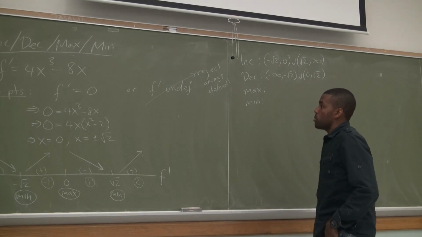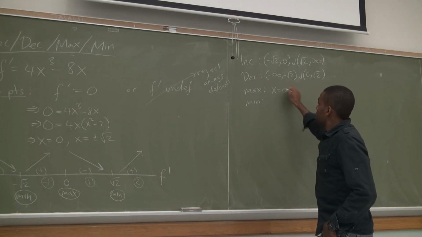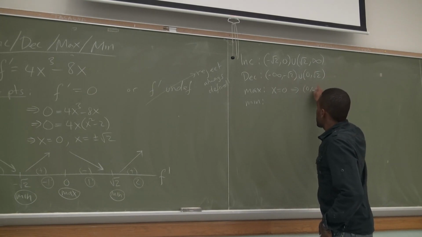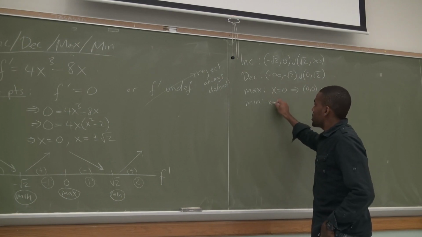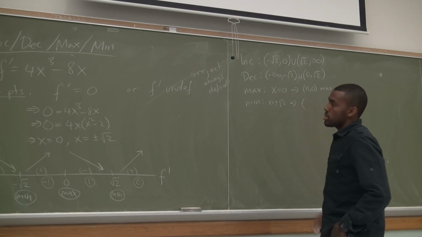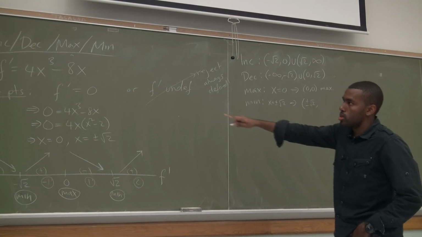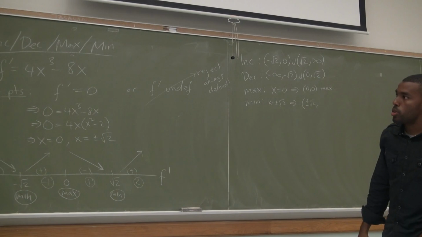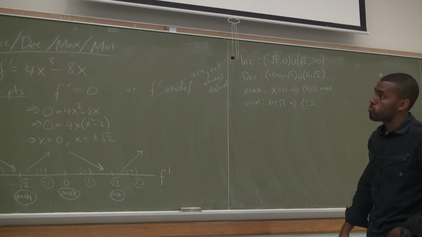So what is my maximum point? X equals 0. This means 0, 0 is a maximum. Here's x equals plus or minus radical 2. Since this is squared, the y value is going to be the same for both of them. What is it if I plug in radical 2?